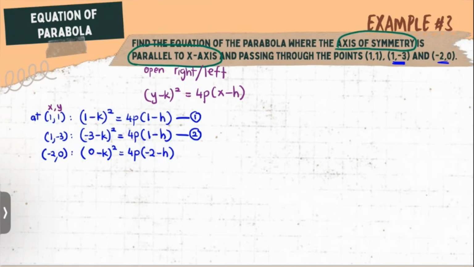Since it is zero here, I square it directly: negative k squared becomes k squared, equals 4p(-2 - h). This is my third equation. To get the equation of the parabola, I need h, k and p. Since we have 3 variables, we get 3 coordinates to find the answer.